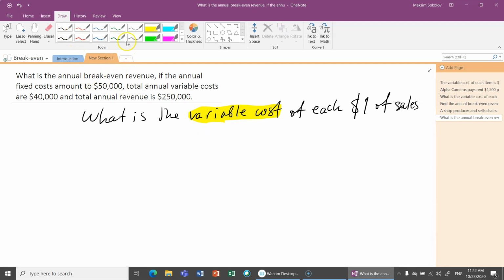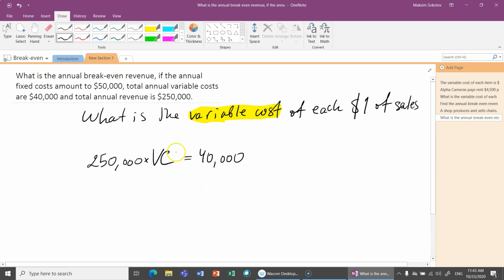Now, in order to find out this, we know that the total annual revenue is $250,000. So I know that I sold $250,000. If I multiply it by the variable cost, I know that the total annual variable costs amount to $40,000.